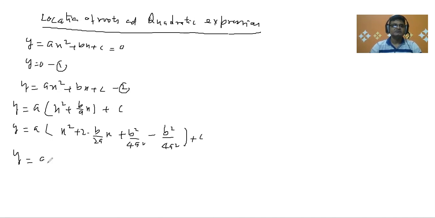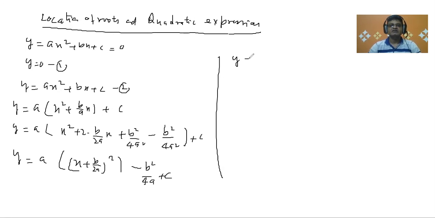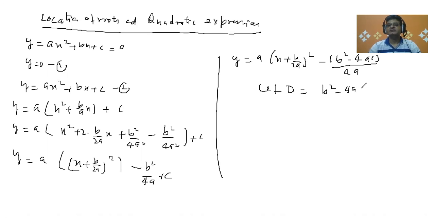So y is equal to a times x plus b by 2a whole square minus b square upon 4a plus c. So y is equal to a times x plus b upon 2a whole square minus of b square minus 4ac upon 4a. So now let d is equal to b square minus 4ac.